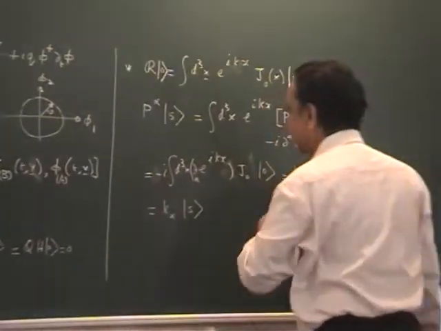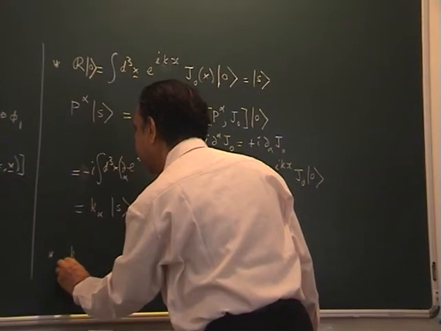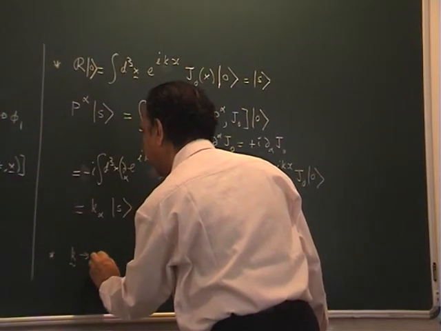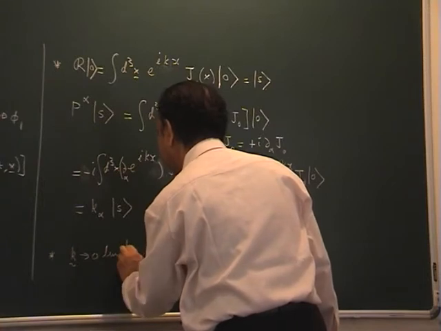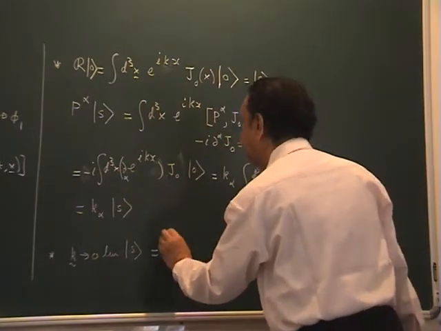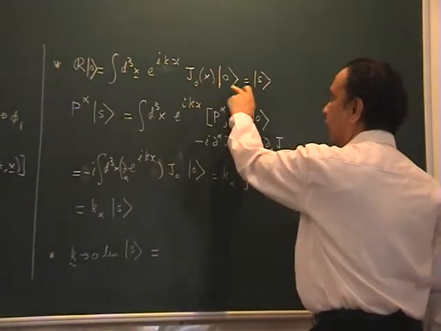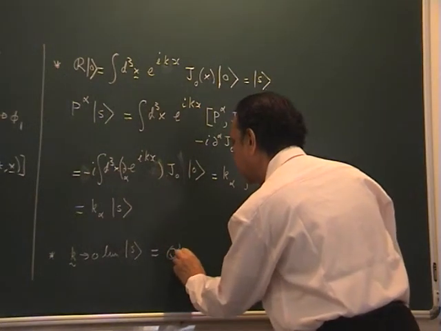Now, if I look at this state, we know that the k going to 0 limit of the state S is going to be just the integral d3x j0 of x acting on this, which is nothing but your Q acting on the vacuum state.